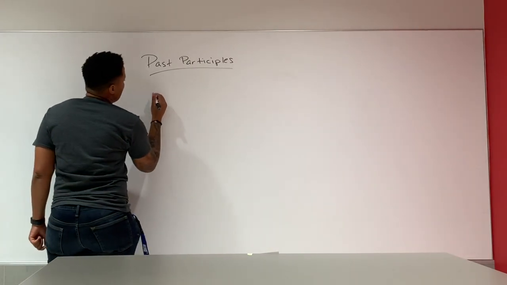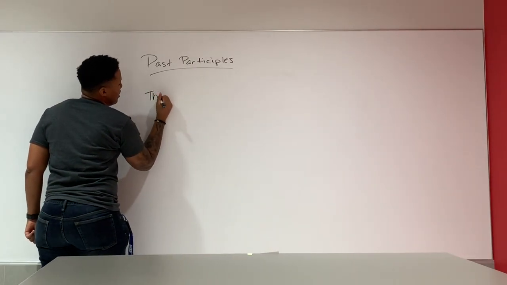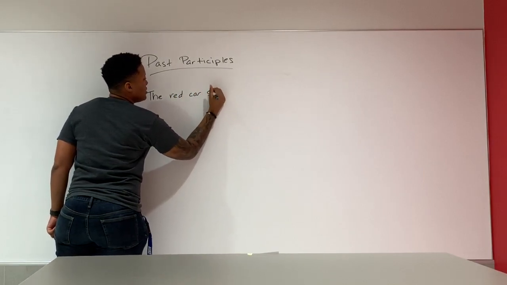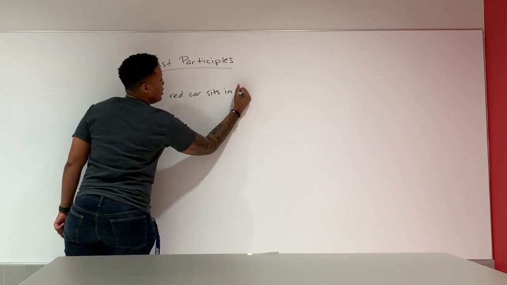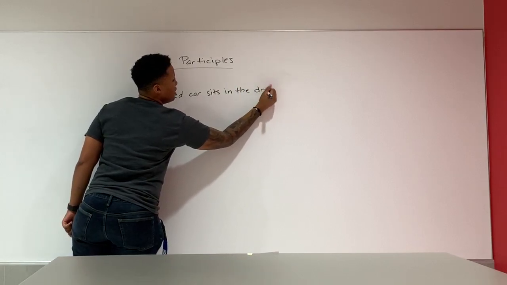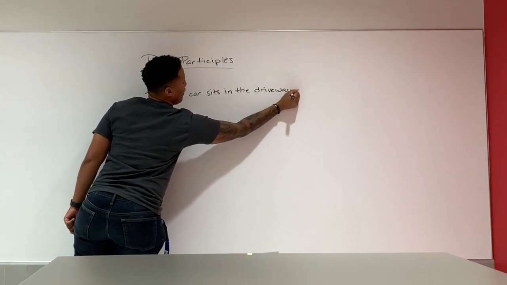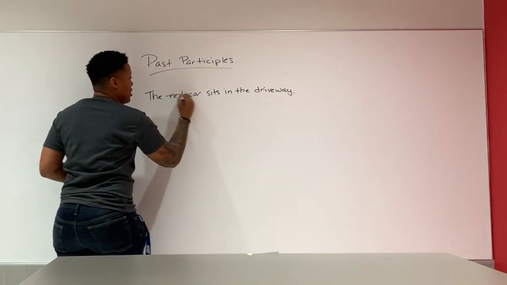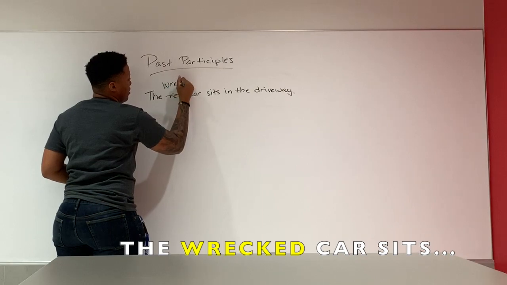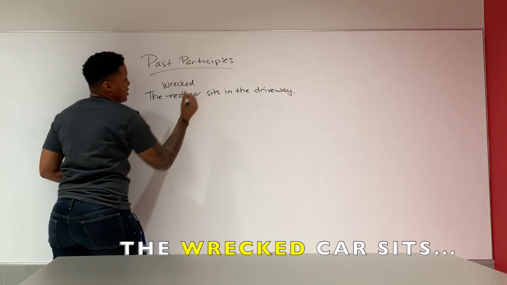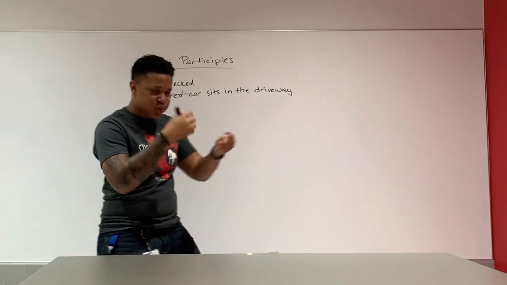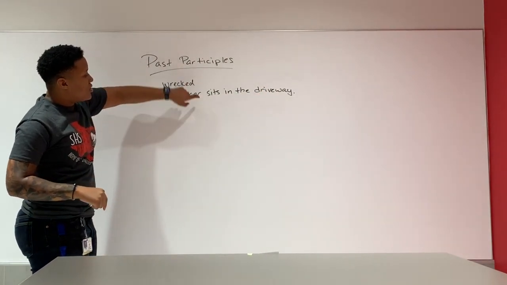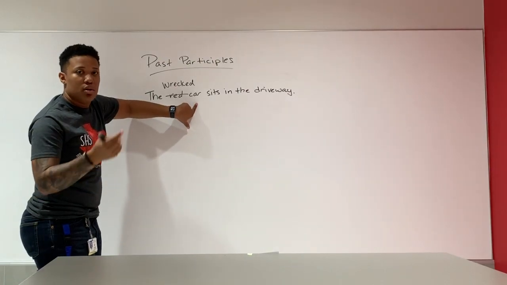So if you said something like the red car sits in the driveway, instead of saying red car to describe the car, you could say the wrecked car sits in the driveway. So wrecked meaning, dang, it was an accident. So wrecked is describing the car, but it comes from the verb wreck.